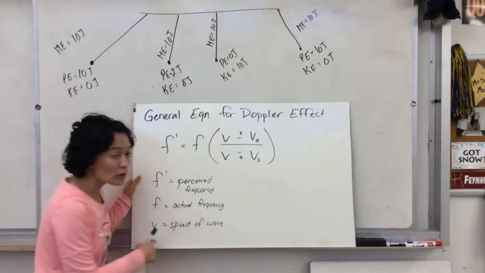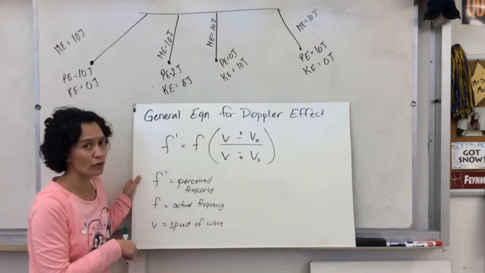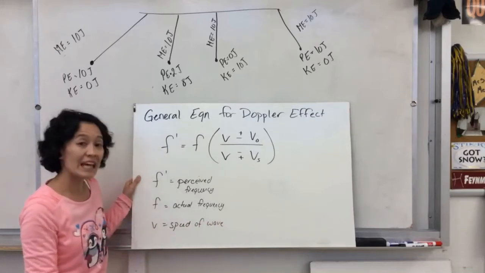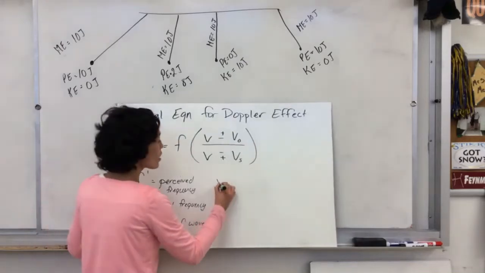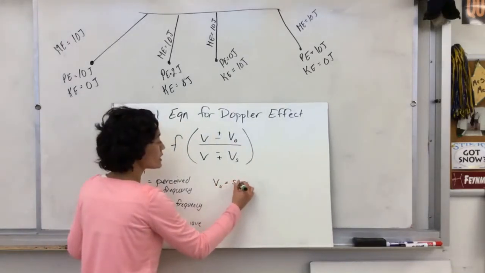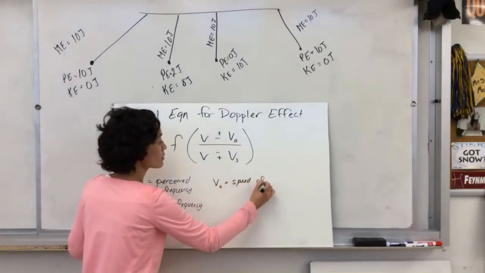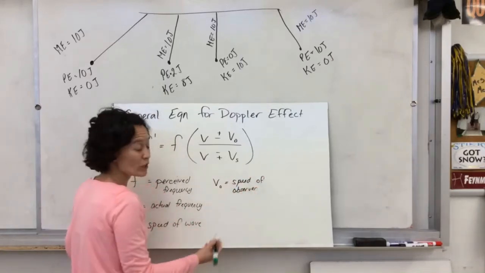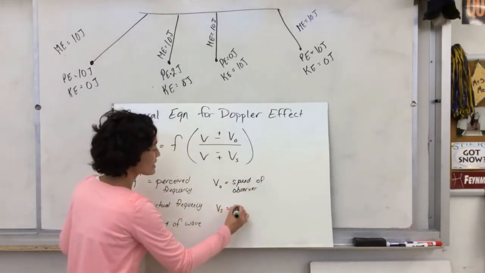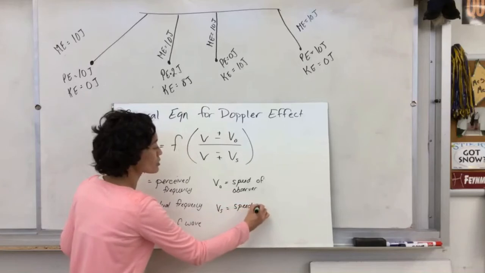If it's a sound wave, that speed is approximately 343 meters per second. If it's a light wave, that speed is 3 times 10 to the 8th. VO is the speed of the observer or the detector, and VS is the speed of the source.